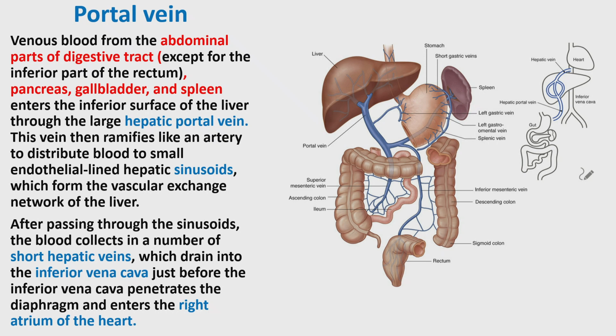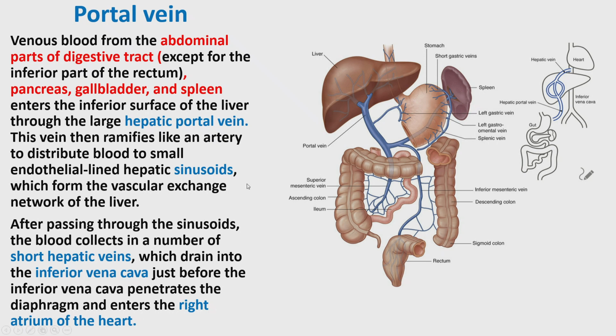Portal vein is carrying the blood, to simplify it, from the unpaired organs of the abdominal cavity. What are the unpaired organs of the abdominal cavity?